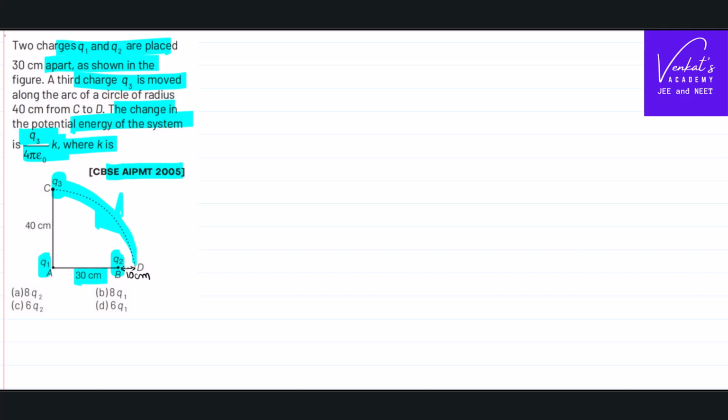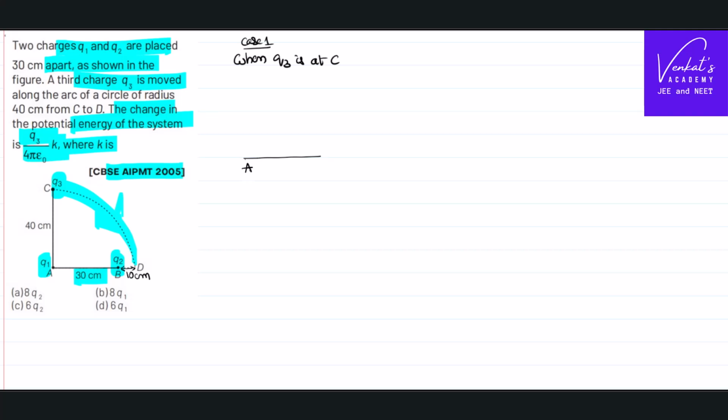So, the first thing that we need to understand is here there are two positions, right. So, first I will write, when Q3 is at C, case 1, let us calculate the electrostatic potential energy. I will draw a quick diagram for us.